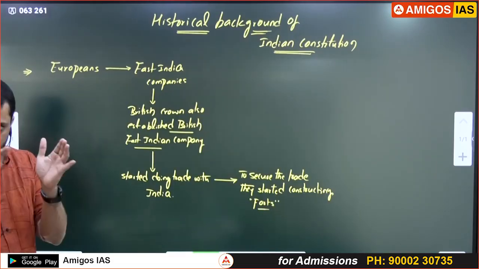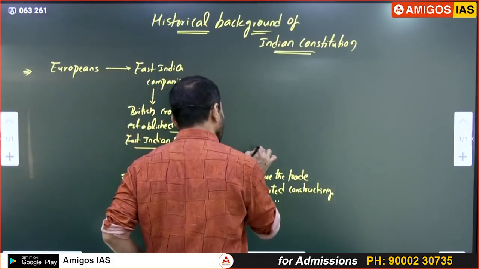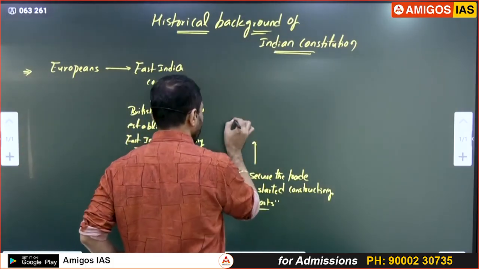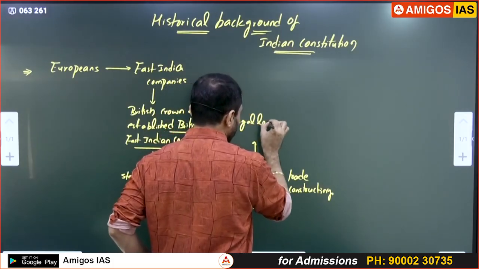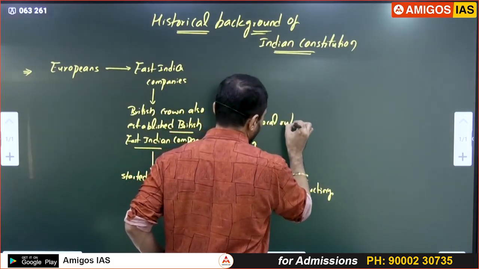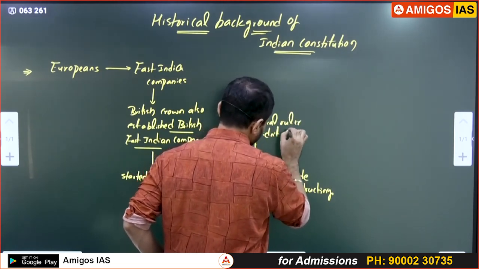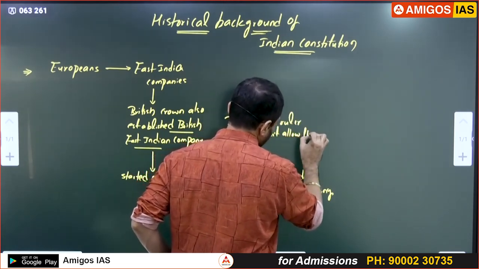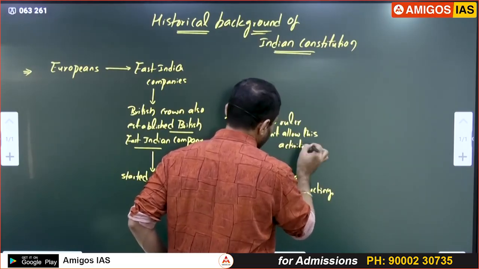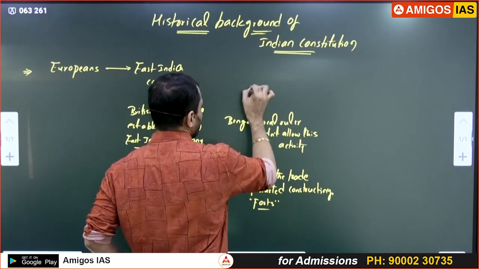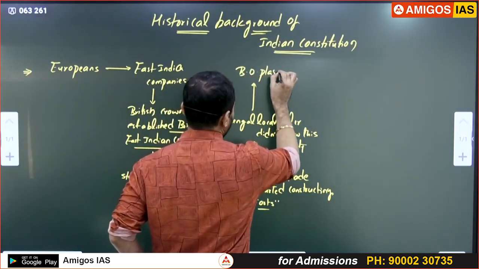They started constructing forts, but the Bengal local ruler did not allow this activity, which resulted in the Battle of Plassey.